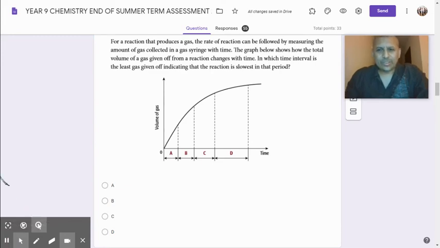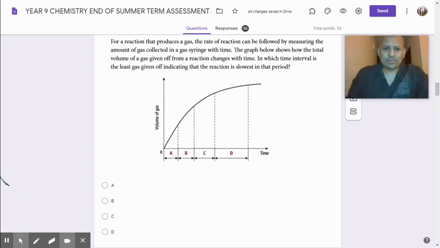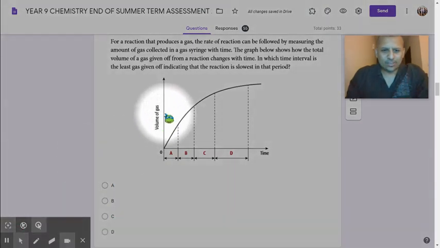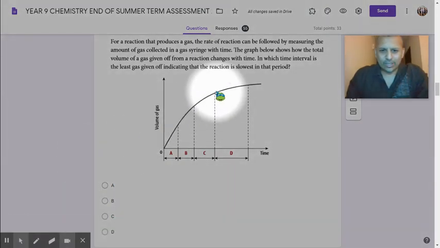Which temperature interval has the least gas given off? What you needed to do was spot the starting point and the end point, and figure out the smallest change in volume of gas. Clearly with D, it's the smallest rise.